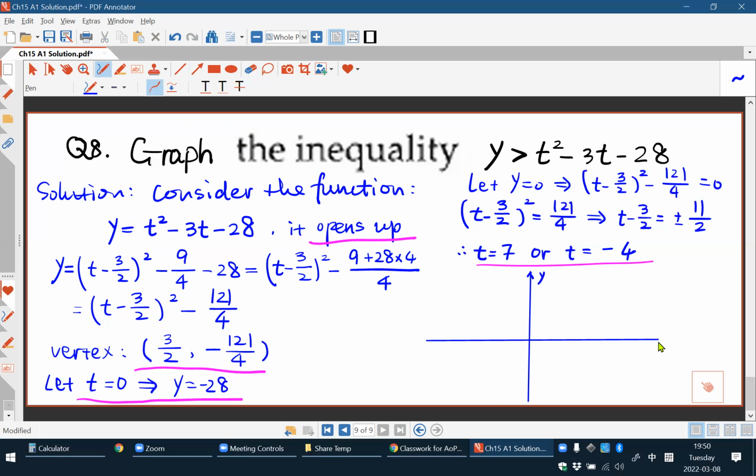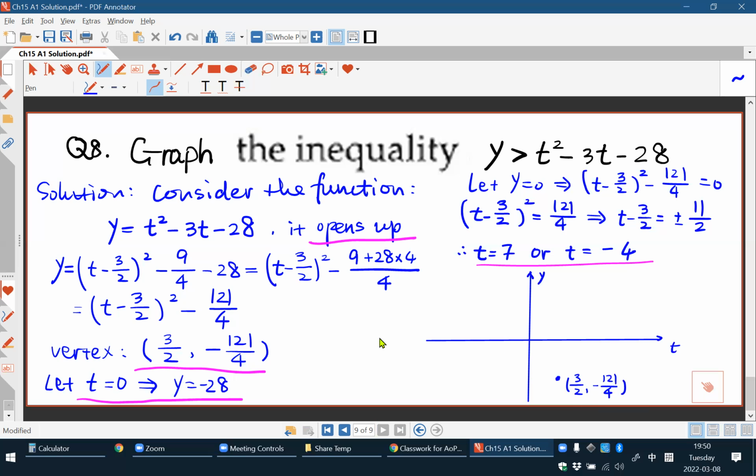Vertical y, horizontal t, right? Okay, then the vertex is 3/2, and then a very small negative number. So for example, this is the vertex, 3/2, then negative 121/4.